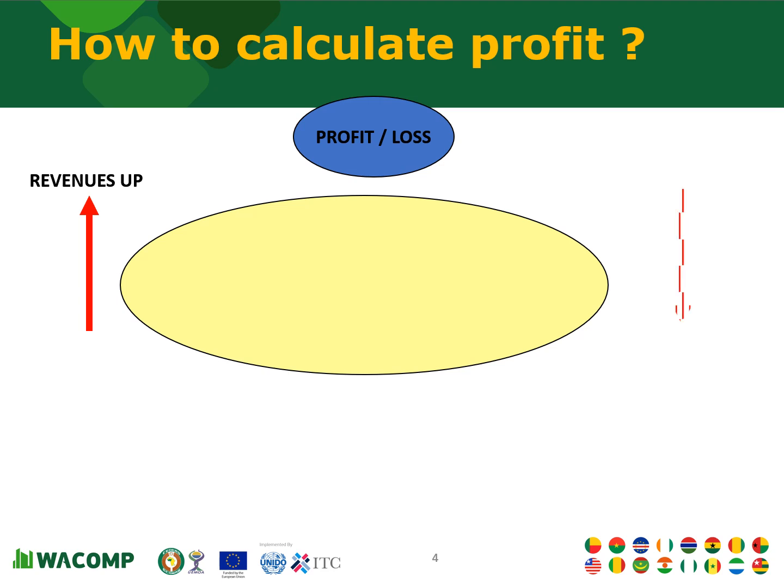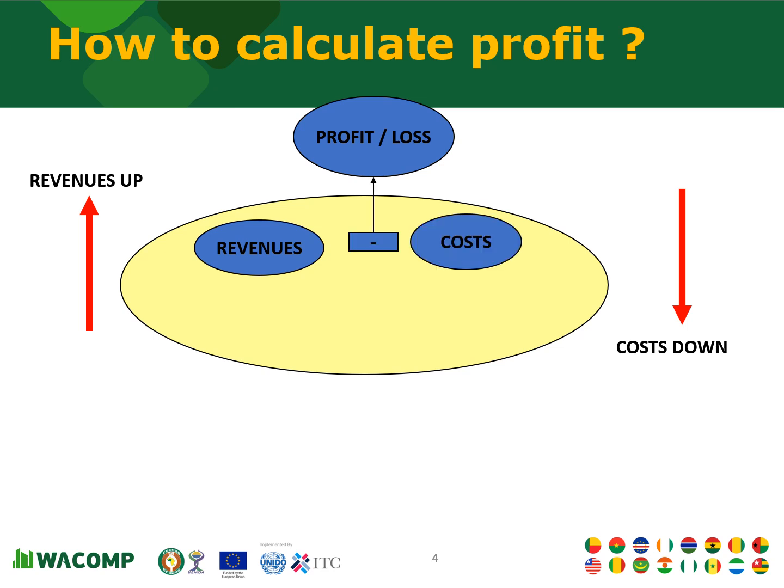Next question. What has to go down? Of course, costs. That is obvious. So profit is revenues minus costs. I think we all know that. Revenues minus costs. Now let's go one step deeper. Where do revenues come from? Well, actually, revenues is a multiplication. But what multiplied by what?